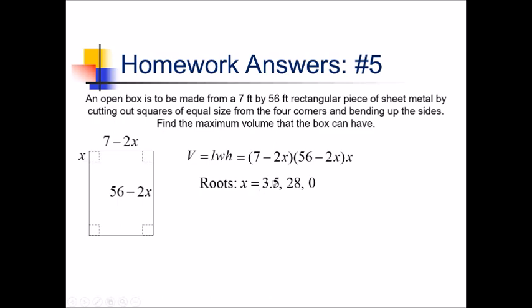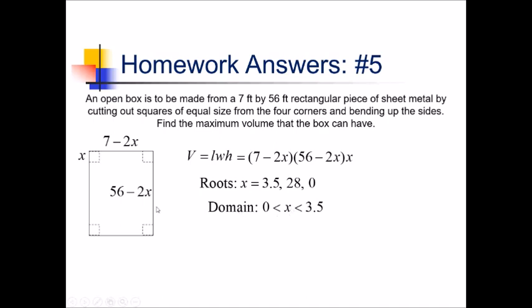If x is 0, I have a height of 0, which means I basically don't have a box. If 3.5 is the length of these squares, then that means that I've used up this entire length side here, and I no longer have a length, and again, no box. So my x values have to be between 0 and 3.5 for this function to make any sense.